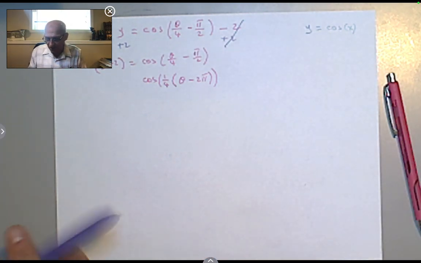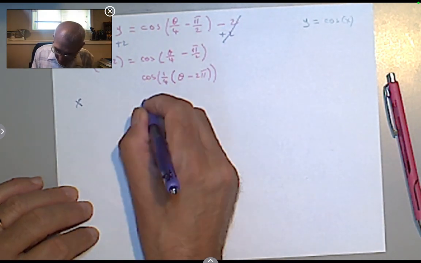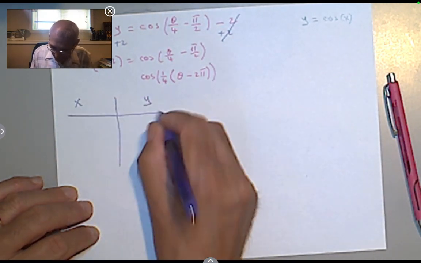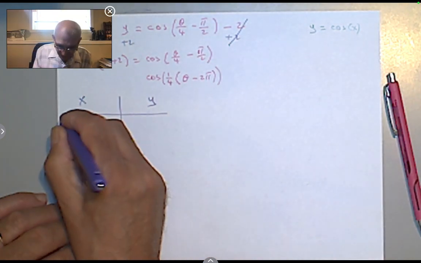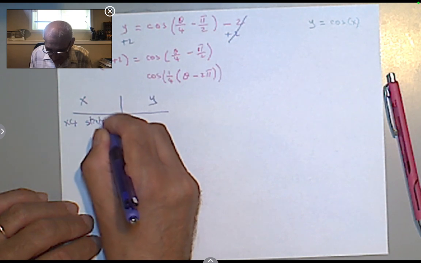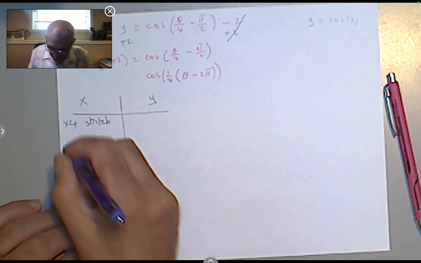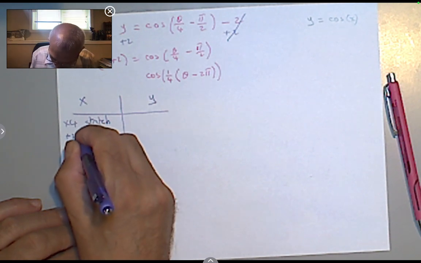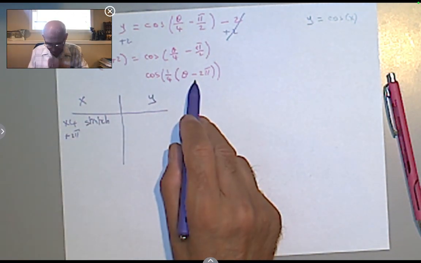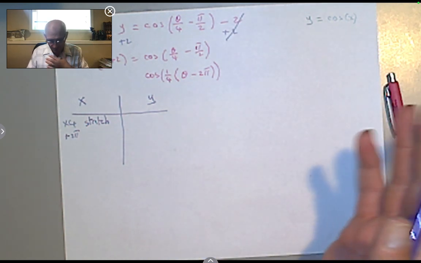Because now we are going to say, how do I return this to be that? Here is the x, here is the y. First of all, you have to multiply by 4, meaning stretch. Stretch meaning, remember, our period was 2 pi. If I stretch it by a factor of 4, it becomes 8 pi. Then I'm going to add 2 pi. 2 pi is a whole period, so really it's as if I didn't do anything.